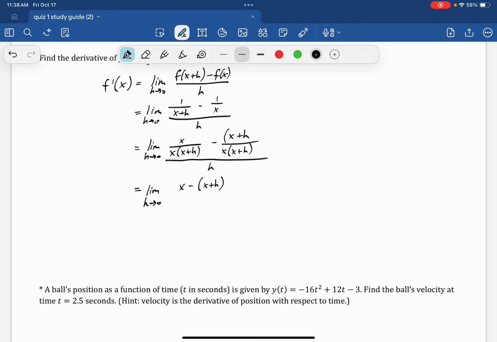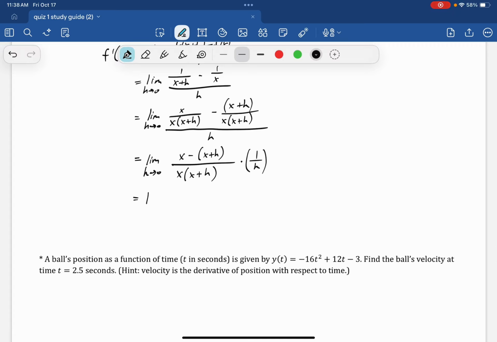Remember, you need parentheses here because the minus sign is over the entire fraction, right? And then dividing by h is essentially equivalent to multiplying by 1 over h, right? So what do I have in the numerator?